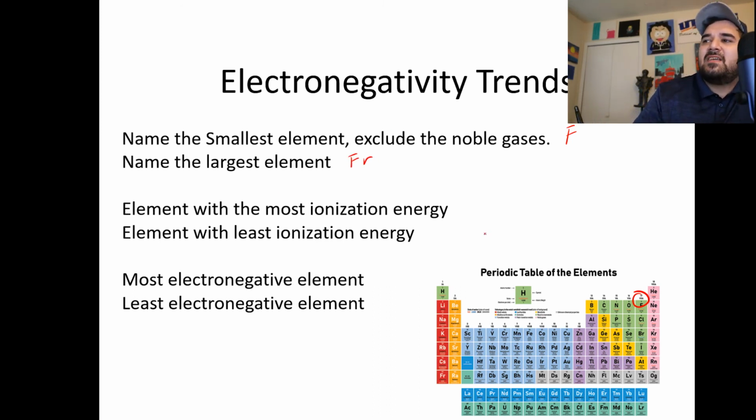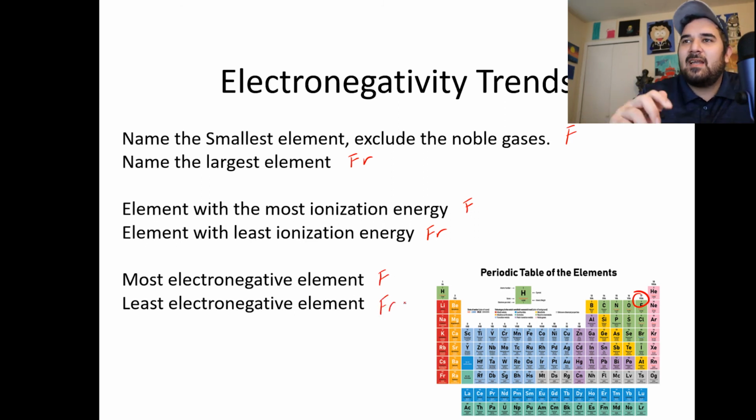Element with the most ionization energy, that means the one most difficult to take electrons away from, that's going to be fluorine because it's very small and it's got 7 valence electrons, so it's not willing to give any away. Least ionization energy, that's going to be francium. Most electronegative element, that's going to be fluorine. Least electronegative element, that's going to be francium. So it's kind of coincidence, not really. But as long as you know what's what, these questions are going to be very simple to answer. A lot of people get these confused, though.